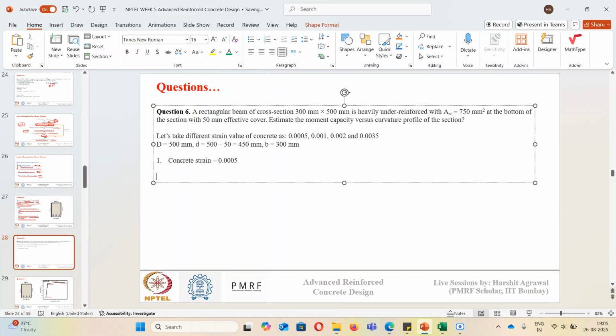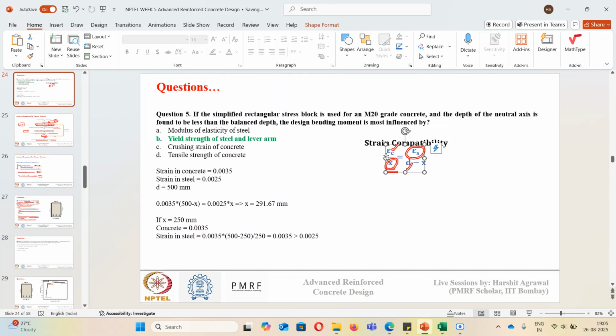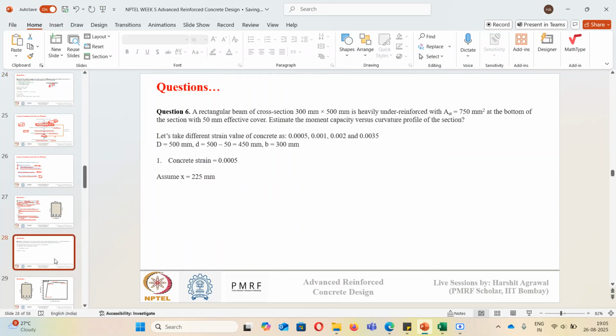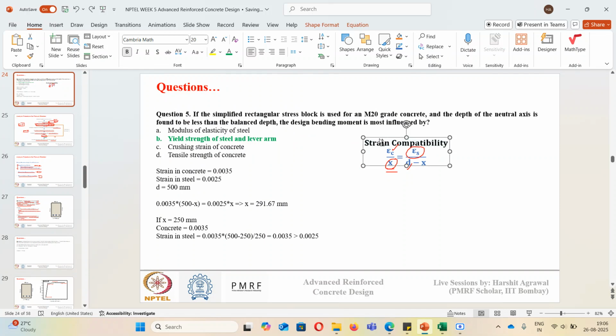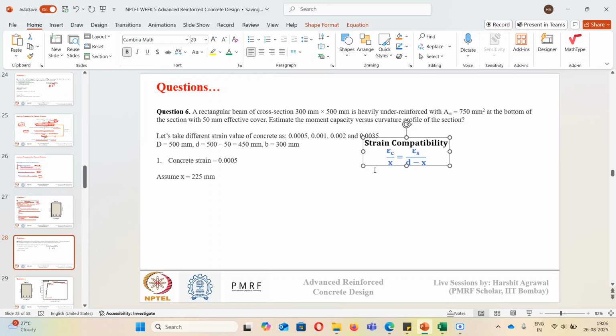So let's assume x at the middle. Let's assume the neutral axis depth is the midpoint, that is 225 mm, between the reinforcement level and the top. So what is my strain compatibility relationship? I will just copy this here. This is the relationship for strain compatibility.